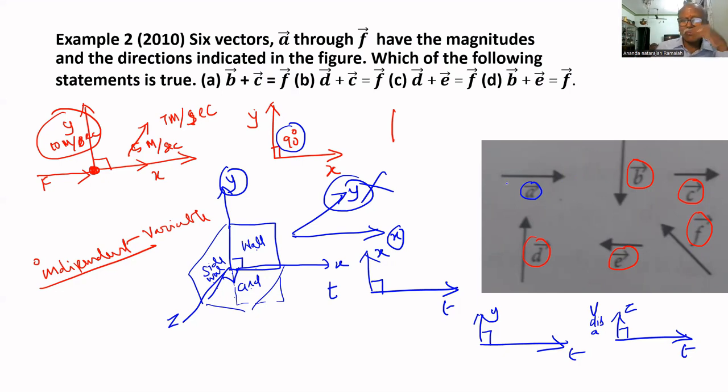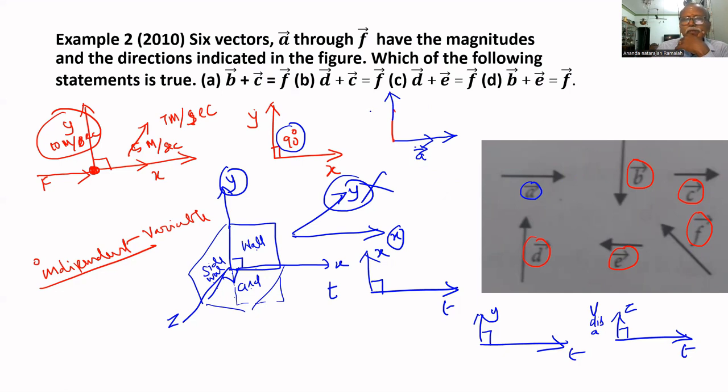Now, what is the vector sum? Vector A is going like this. A vector is represented like this, A bar. We should not say cap; I will explain later.